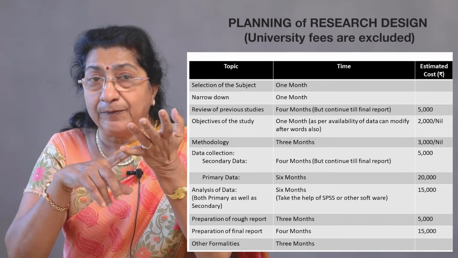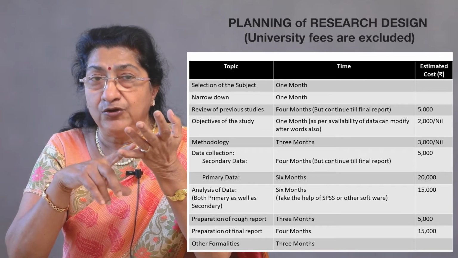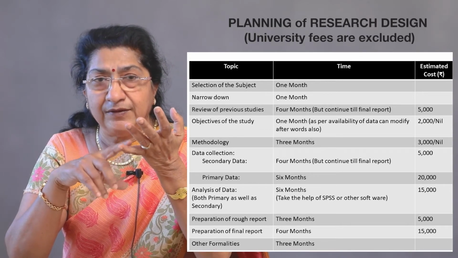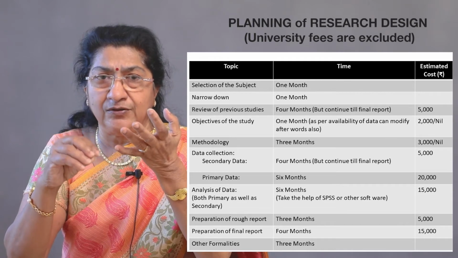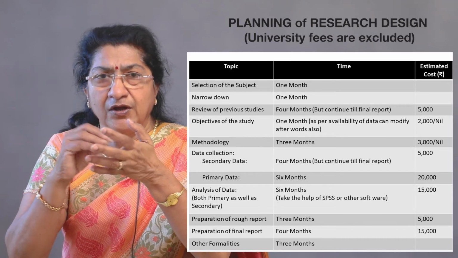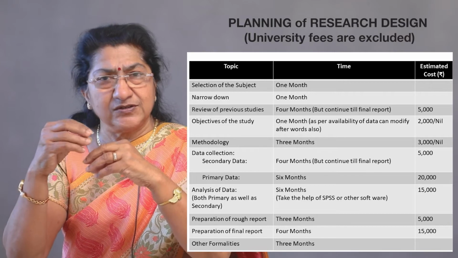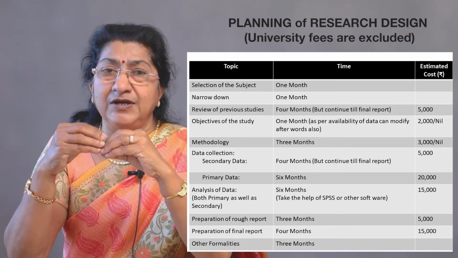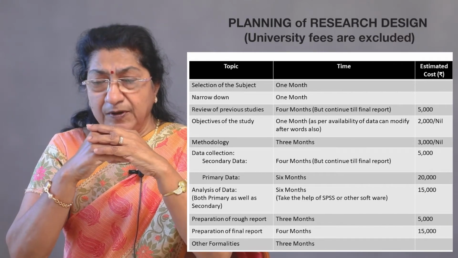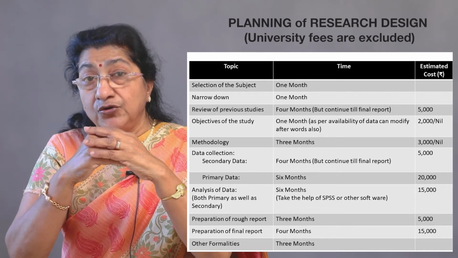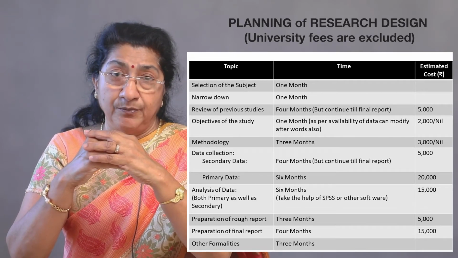If you have prepared the questionnaire, then you have to take the printout, then you may appoint your subordinate or you can take the help of others, etc. It takes a minimum of 6 months and the cost is also 20,000 rupees, maybe more than that.